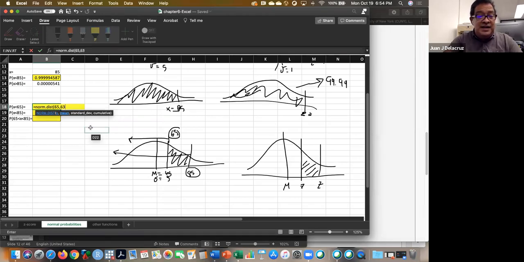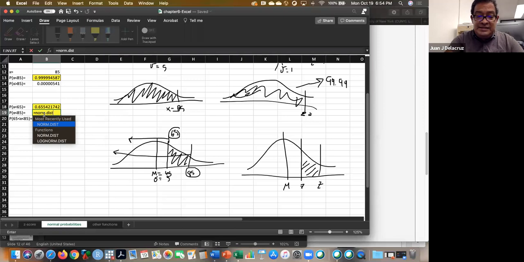Let me do it by hand because I guess the values are higher up. Then we need the standard deviation that was 5, and then the cumulative that is going to be true. So I'm going to find the area to the left of 65. I'm going to find the area to the left of 85.